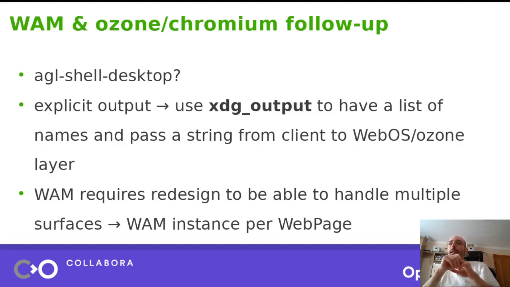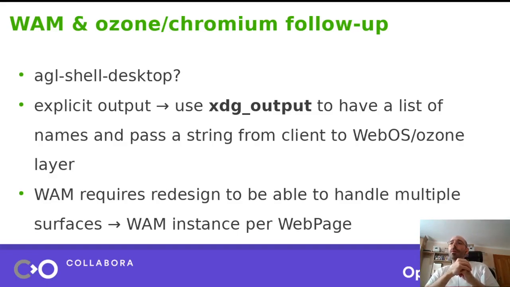For activating, we require an explicit output being handled. This is being abstracted in the HMI home screen dashboard by using the primary screen, but we actually need an explicit output being stated when doing those requests. I pretty much use the XDG output private extension, which is implemented by the Qt Wayland client side as well.